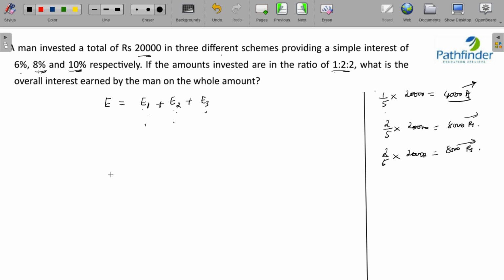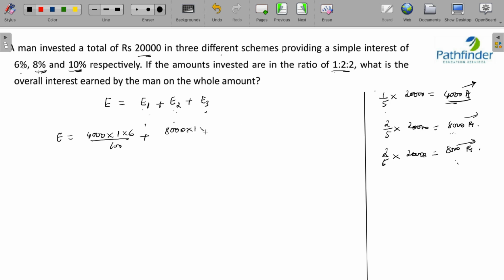And what are the earnings? The simple interest on this at 6% per annum. What is the earning of scheme 2? The simple interest on 8,000 rupees at 8% per annum. And what is the earning of scheme 3? The simple interest on 8,000 rupees at 10% per annum. So we calculate: total earning is equal to simple interest on 4,000 rupees, P into T is 1 into 6/100. Earning 2 is simple interest on 8,000 rupees for 1 year.